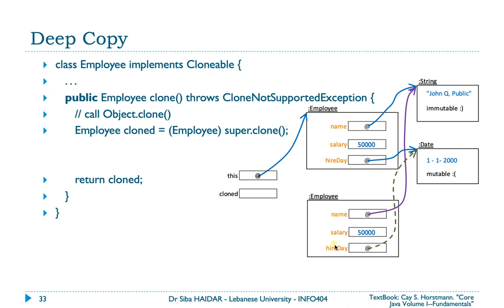So we will begin exactly with the same schema we drew in the previous slide. However, we have something to write here before returning clone, which is to correct this dashed arrow, which still shares something with the original object. So here we will change this share, and as you can guess, we will make the hire day refer to a cloned copy of this object of type Date.